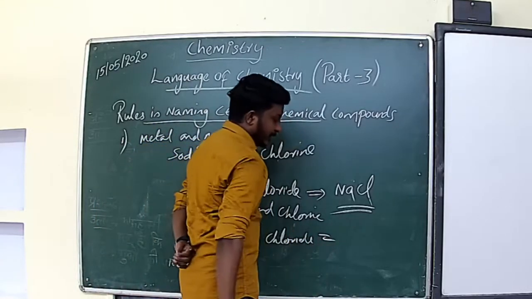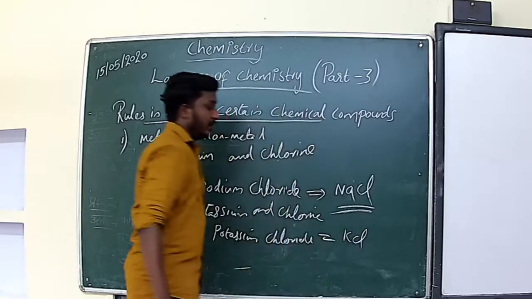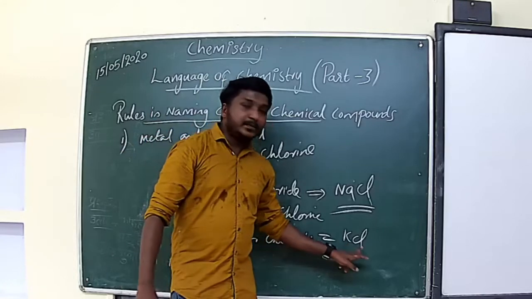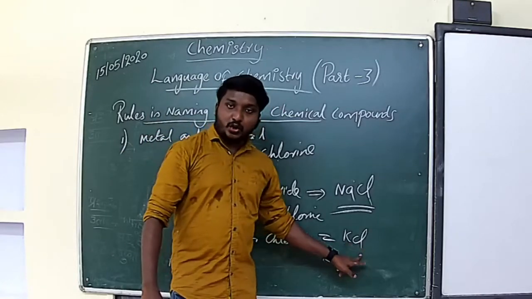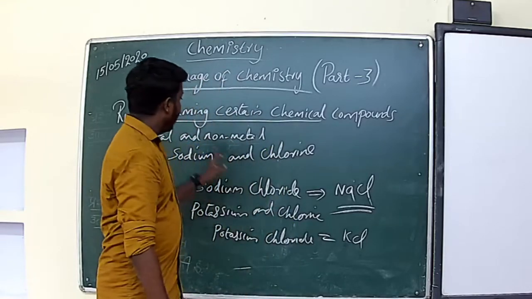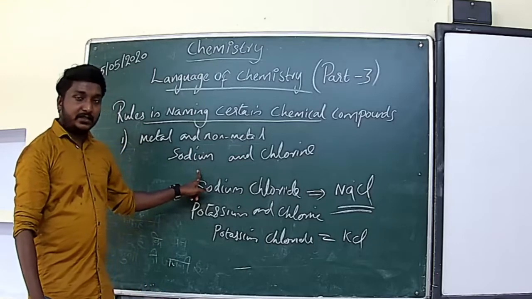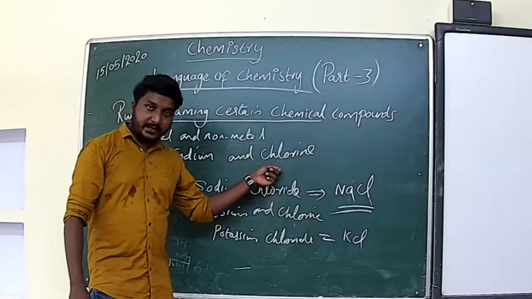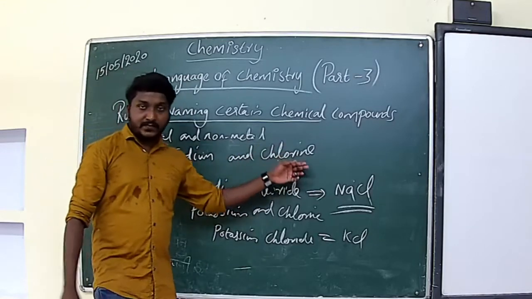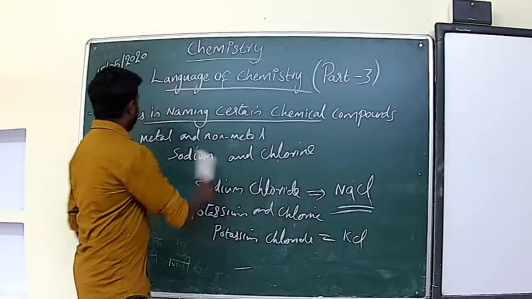We know the chemical formula for potassium chloride is KCl. We will not say potassium chlorine, we will say potassium chloride, because this is a rule. If the chemical compound contains metal and non-metal, metal should be written first and non-metal second. Then the non-metal will suffix with IDE. Clear all of you? Next rule.